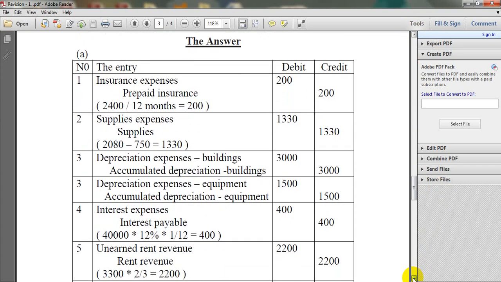The entry will be interest expense in the debit and interest payable in the credit, and the amount, how to calculate the amount, 40,000 multiplied by 12% rate multiplied by 1 divided by 12 to calculate for 1 month interest expense. It will be 400.